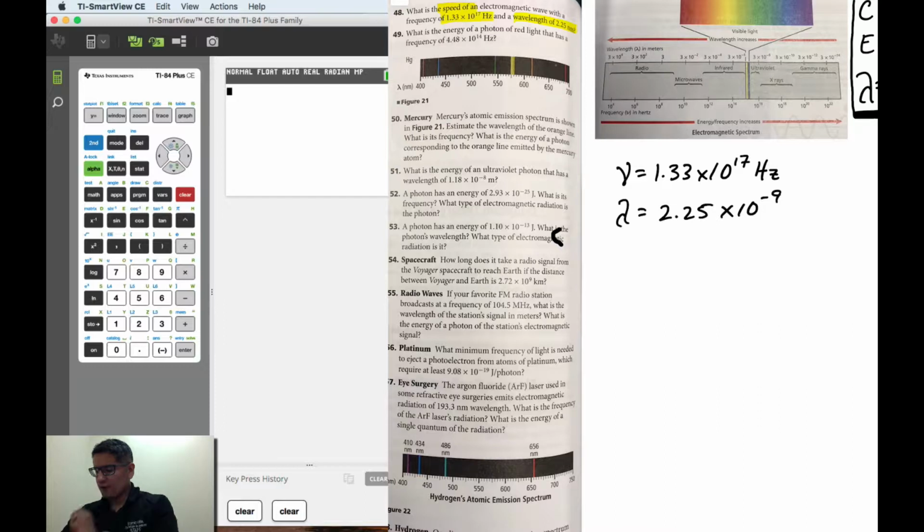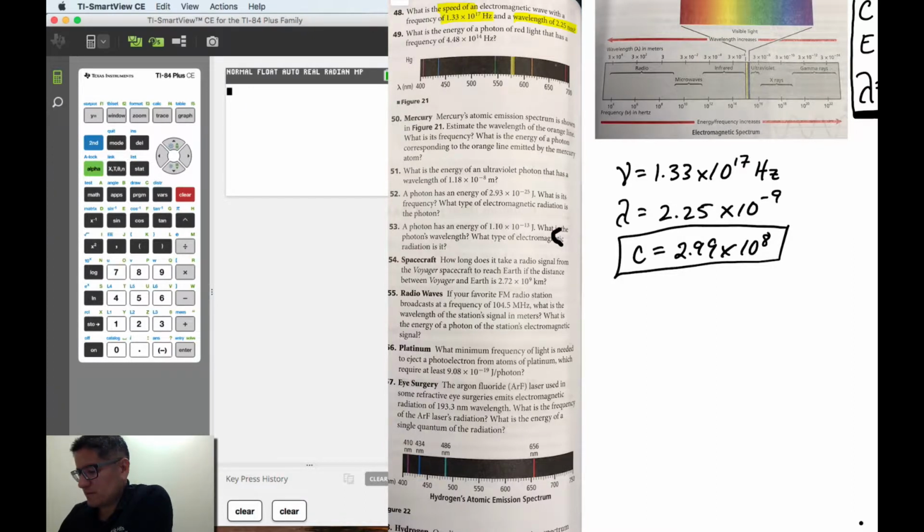So I'm looking for the speed of the electromagnetic wave. Now, in this context, I know that the speed of light is 2.99 times 10 to the 8th power, so my answer should be really close to that. But let me go ahead and confirm that.